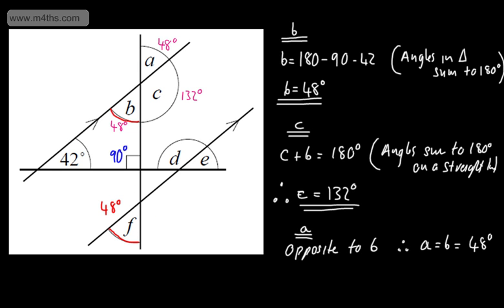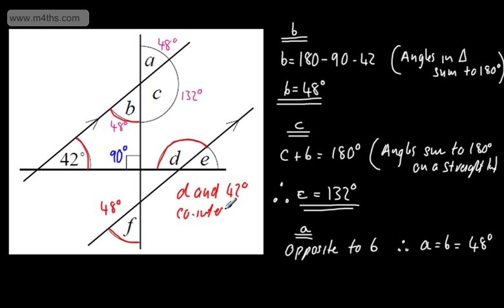They're F angles. If we want to now find D and E, lots of different approaches. What I could say now, you might see it differently. I'm going to say that D plus the 42 here will be equal to 180 degrees. So we can say that D and the 42 degree angle are co-interior.